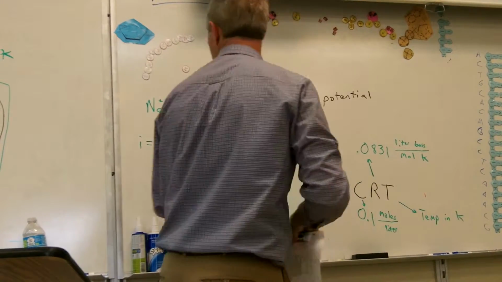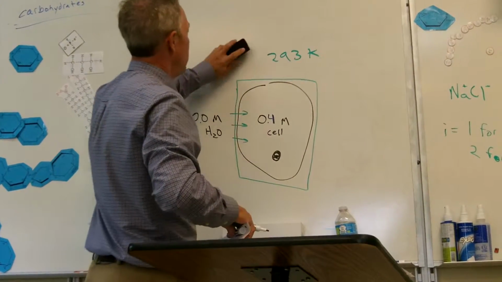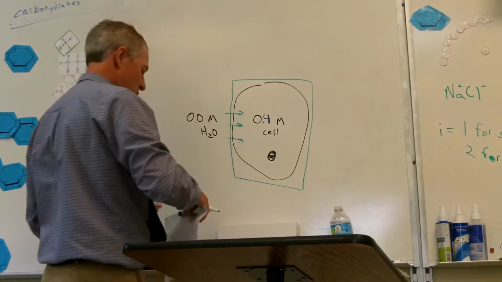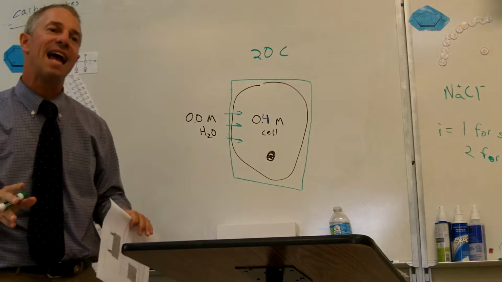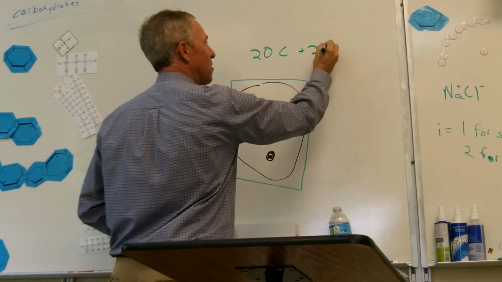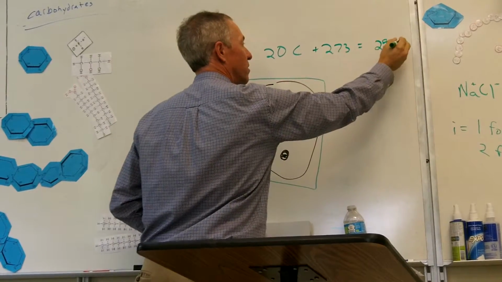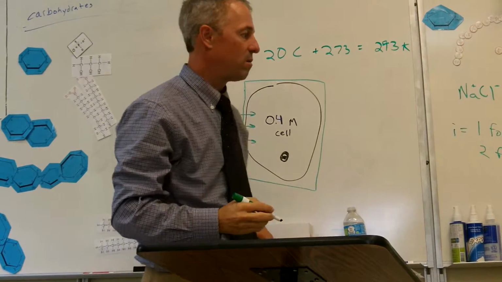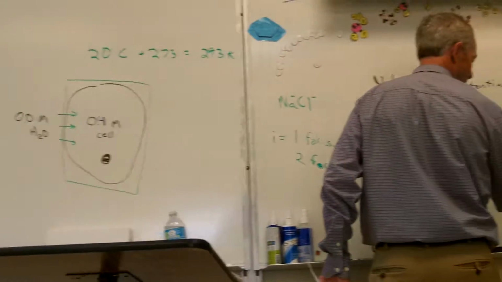If they tell you that this cell is at 20 Celsius, do you know how to convert that to Kelvin? Add 273. You add 273 to convert it to Kelvin. And that's 293 Kelvin. So that's the temperature in Kelvin. Let's say for this cell it's 293.